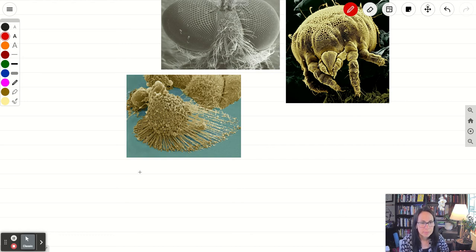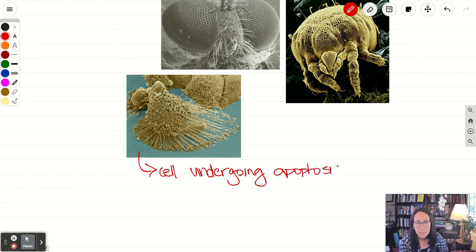I'm going to write this down, just put a label on here: cell undergoing apoptosis. Apoptosis is actually like a cell committing suicide. Sometimes your cells get in trouble, and so they'll just commit suicide to protect the rest of the body. This process called apoptosis, we will talk about in the future, but I just want to show you a picture. Usually cells are very round, but this cell's under destruction right now.